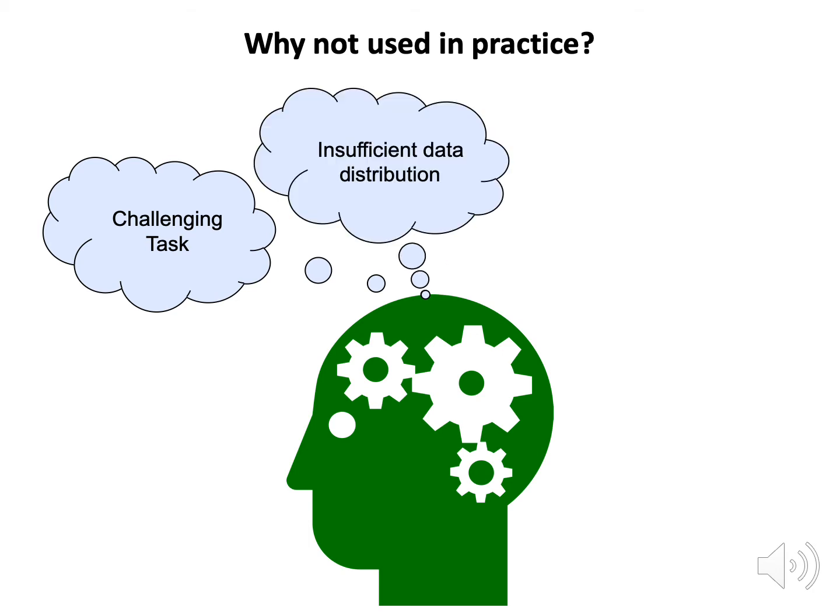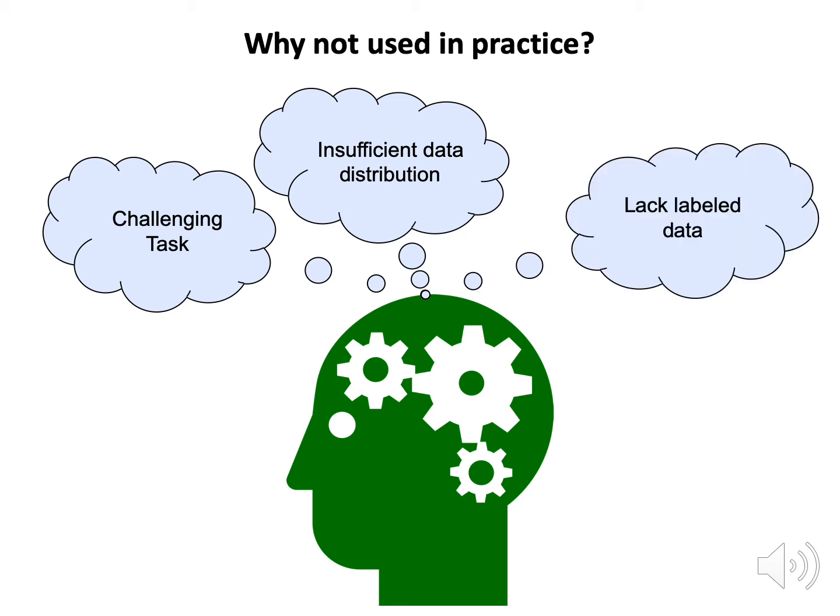There's an insufficient data distribution prior to our release of this data set. Each of the data sets being used was smaller. They were constrained to certain domains, and we really needed a better representation of family imagery worldwide. And with that stemmed the lack of labeled data, needed to support modern day complex modeling such as deep learning.